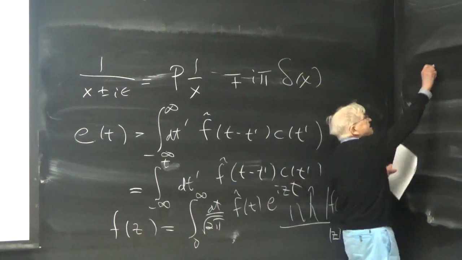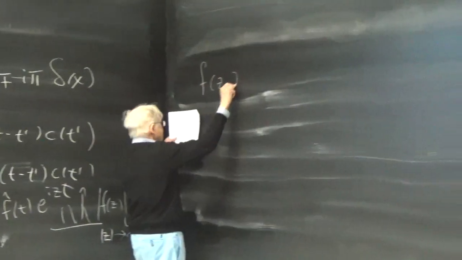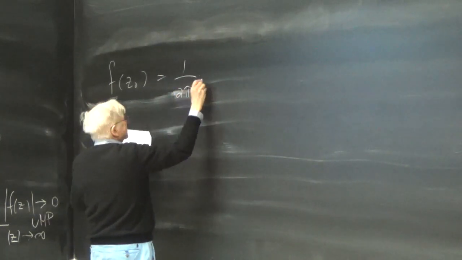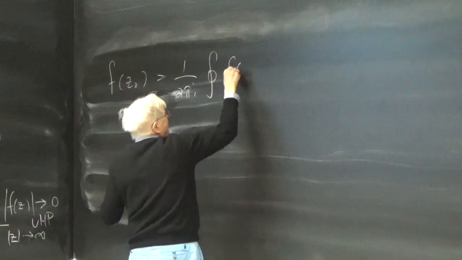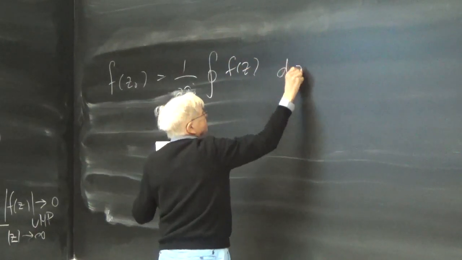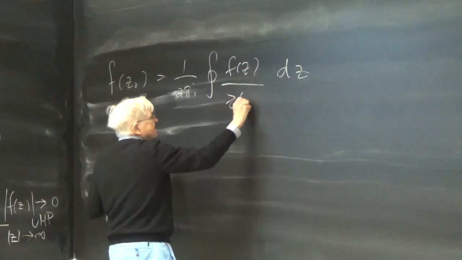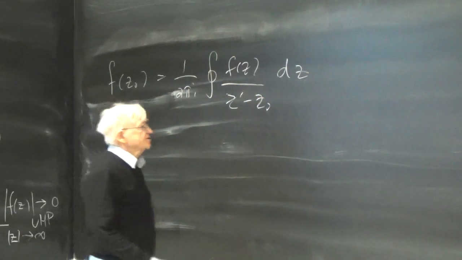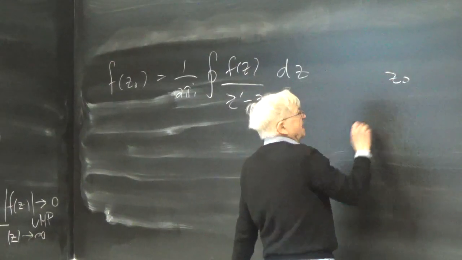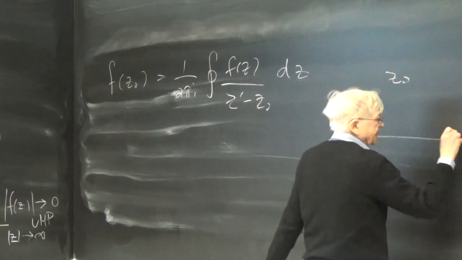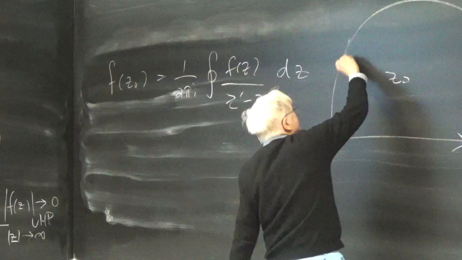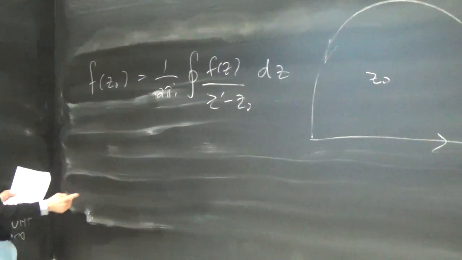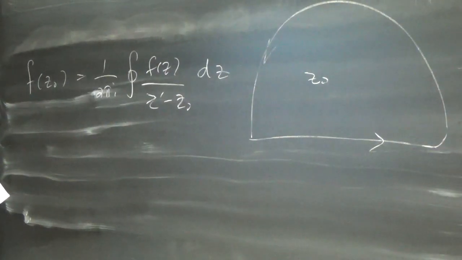And so then what we can do is we can write f of, let us say, z0 as 1 over 2 pi I, an integral over a ghost contour, of f of z over z minus z0, and so z0 is somewhere in the upper half plane. We're integrating along the real axis, and then we add a ghost contour like that. So this is Cauchy's integral formula simply.